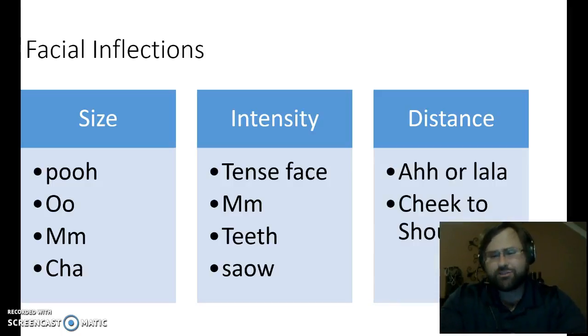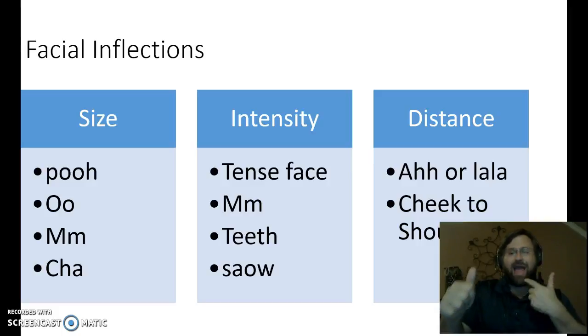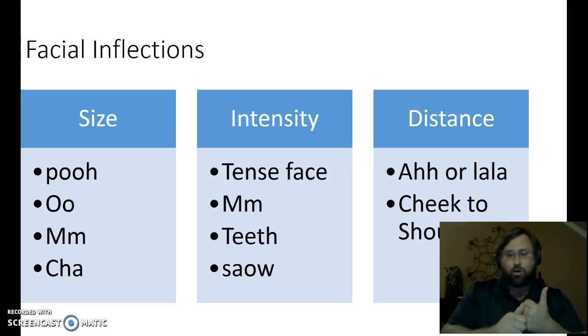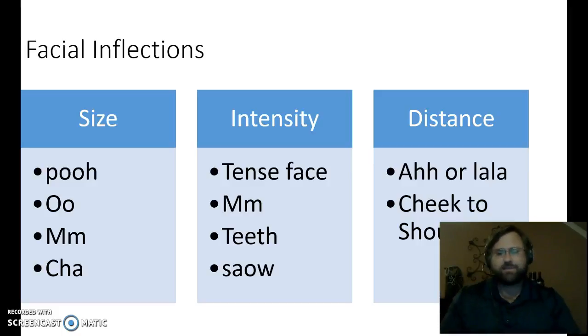And then there are at least two ways to show distance. You have a sign like far. You can add the idea with ah or la la, and those mouth movements indicate that something is very far. Similarly, the cheek to shoulder movement, where the one side of the face and the shoulder are raised together, indicates that something is close.